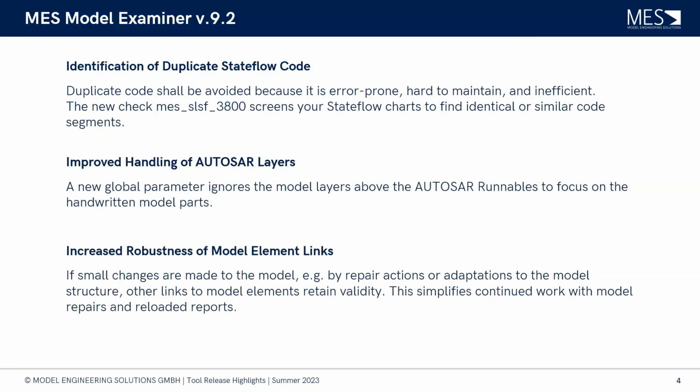And of course, when you start fixing the model, you need to make sure that you still find all the elements that are faulty in the model. That's why, of course, we have model element links in the reports and also in the tool so you can find them. But Kai, I think there's probably some challenge that we had to look at in order to restore all these model element links when you start repairing parts of the model, right? So what's that about?